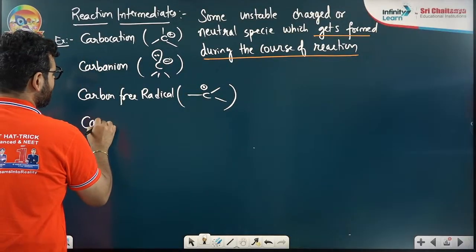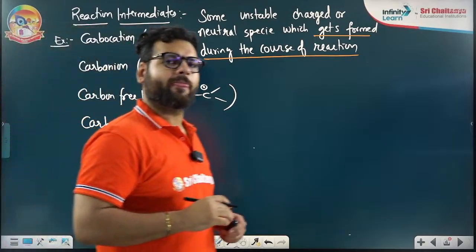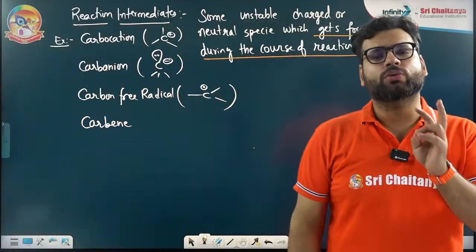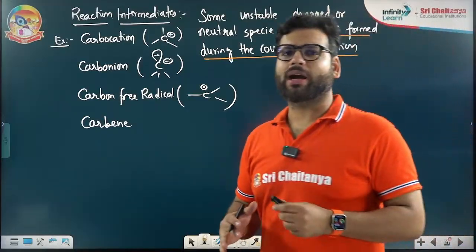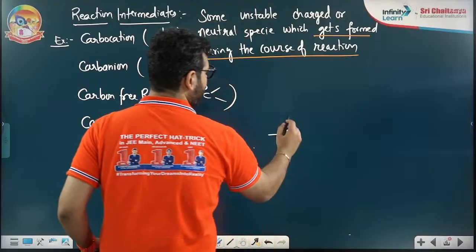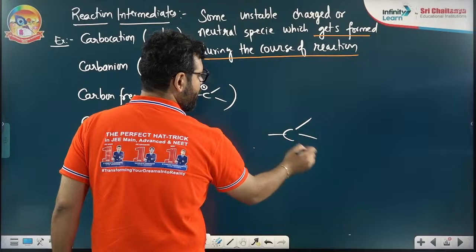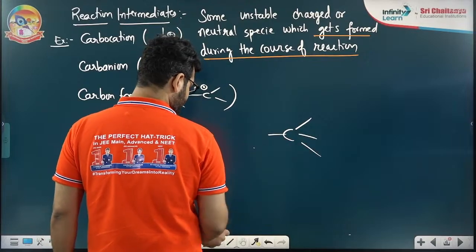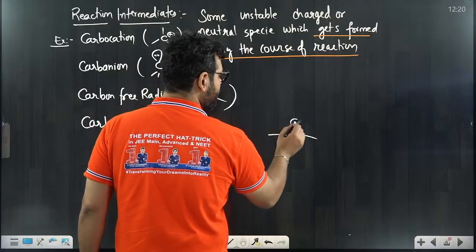Then we have something called a carbene, beta. A carbene is formed when you do 2 homolytic cleavages in a compound. Carbon was having 4 bonds, let's say 1, 2, 3, 4. If you do 2 homolytic cleavages, you'll get 1 radical here and 1 radical here.